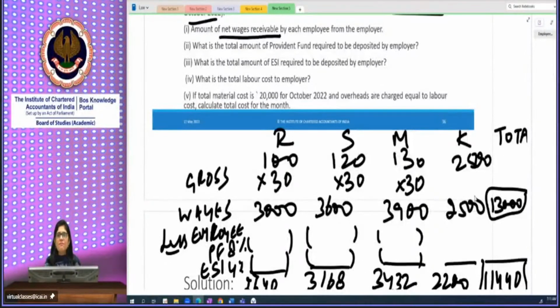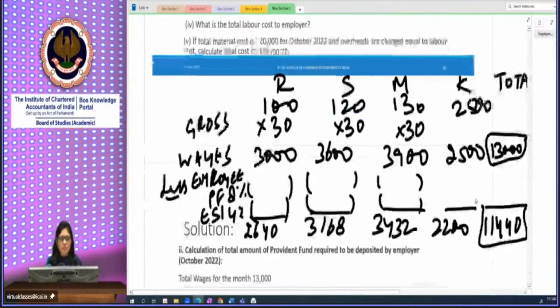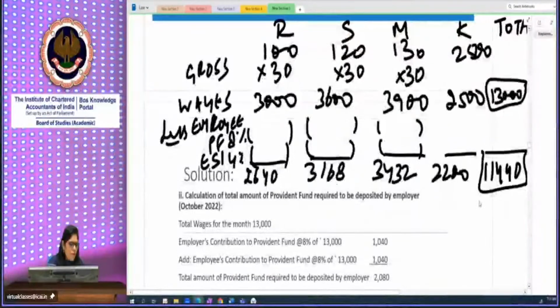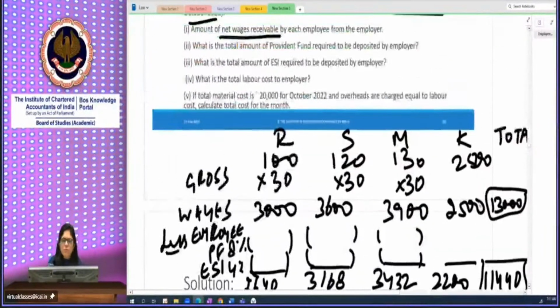I explained this difference in detail in the first session of employee cost, and on that basis we are doing this question also. So this is the net wages receivable by every employee and also in total. No, it's not 11,520, it's 11,440.